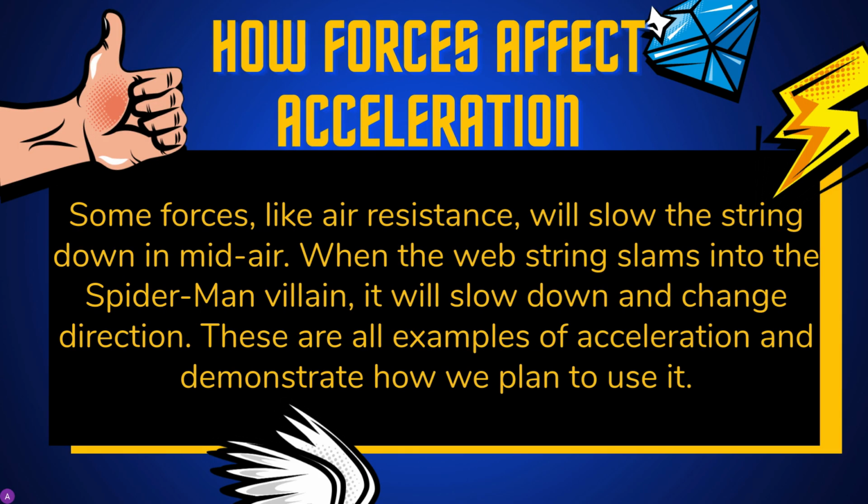And there are also external forces that affect the acceleration. First of all, we have air resistance. Air resistance is a really important thing that we can also see in planes or cars, or even in F1 cars. When the web string slams into the Spider-Man villain, it will slow down and change direction.